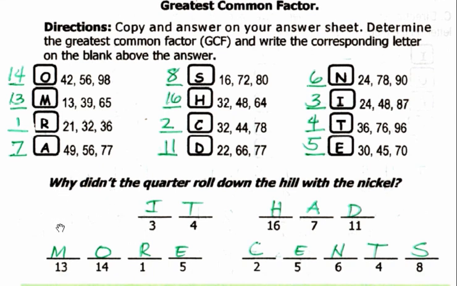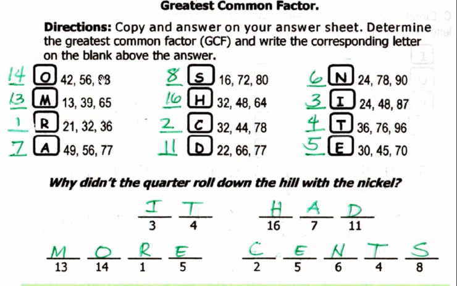But for convenience, let me write the answer here. For box O, numbers 42, 56, and 98, what is the greatest common factor? When we say greatest common factor, what is that number, the biggest number that can divide the 3 numbers 42, 56, and 98?